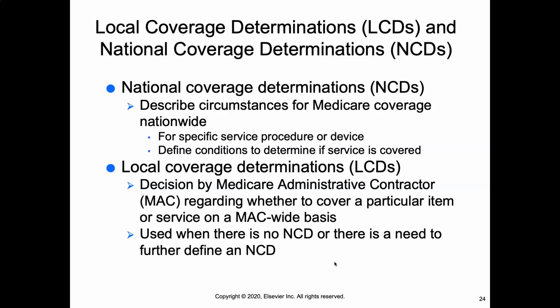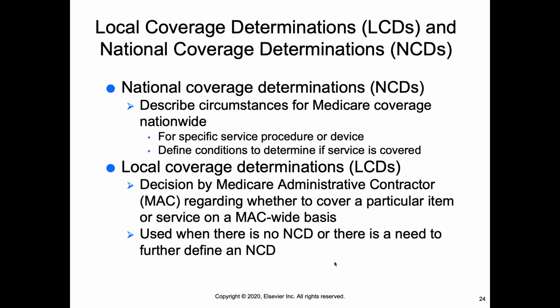Local coverage determinations are a decision made by the MAC, the Medicare Administrative Contractor in a particular region, regarding whether to cover a particular item or service on a MAC-wide basis, not nationwide, but MAC-wide. It's used when there is no NCD or when there's a need to further define an NCD for that specific region. MACs like to develop these, and then they'll take turns sharing them.